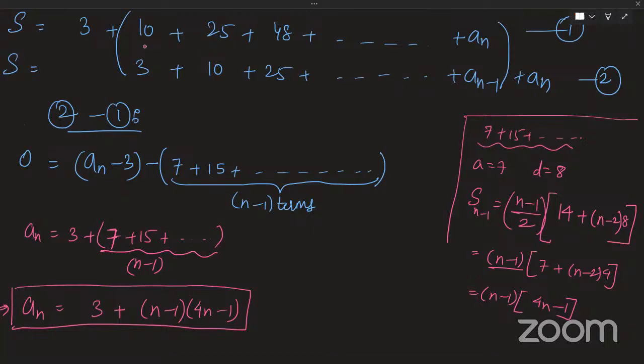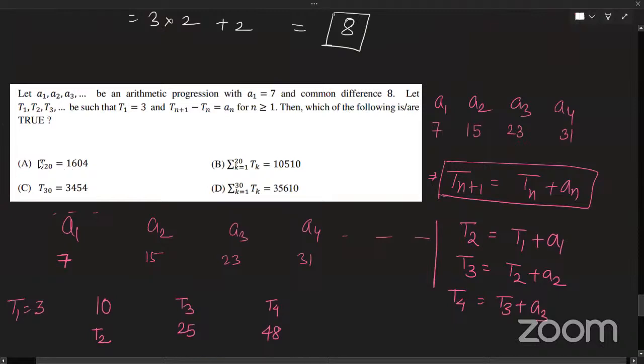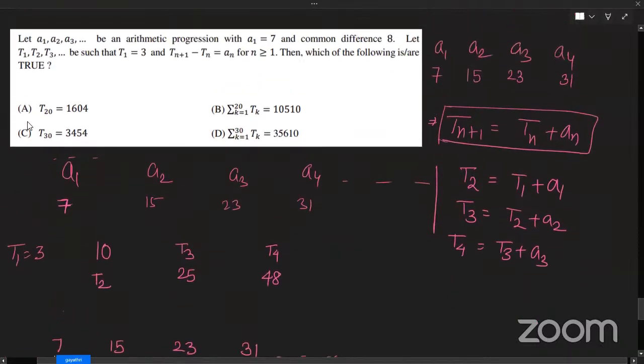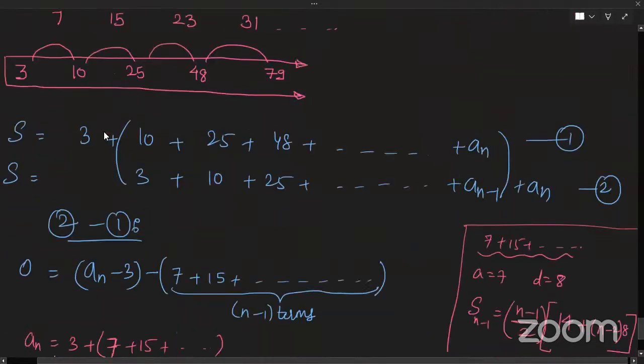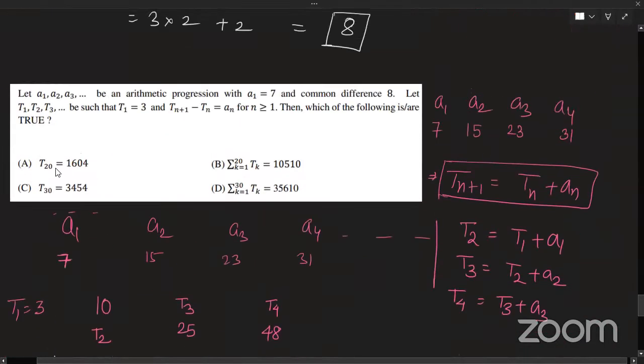So now it is asking me that T20, the 20th term of this series, is 1604, and the 30th term of this series is 3454. Can I confirm this thing? How do I confirm if this is true or not?